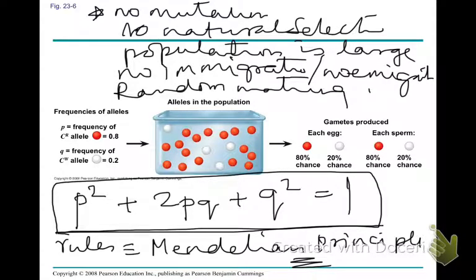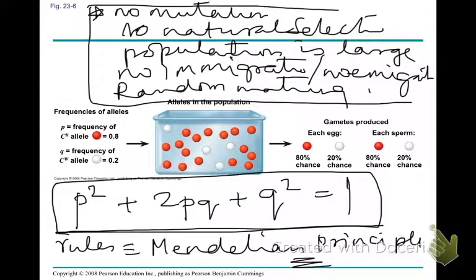Now, this is the time when I tell my students that these 5 factors are not necessarily possible in a natural environment. There is always going to be natural selection. There is always going to be some going in or coming out. There is never random mating.